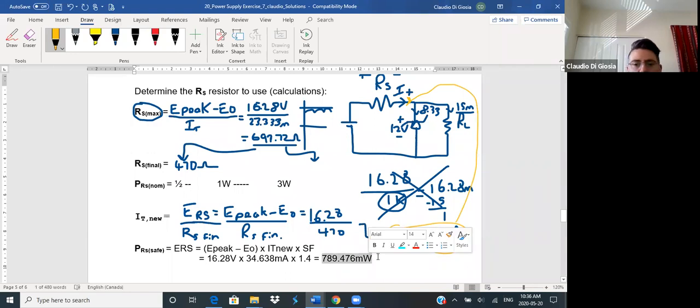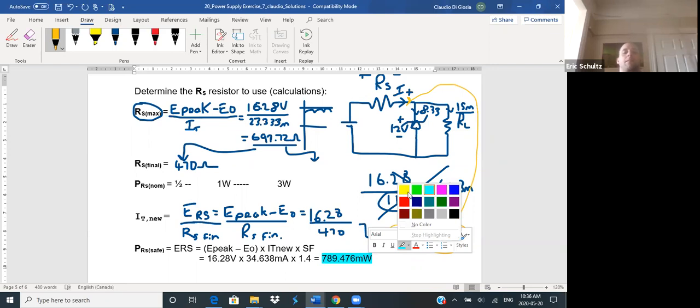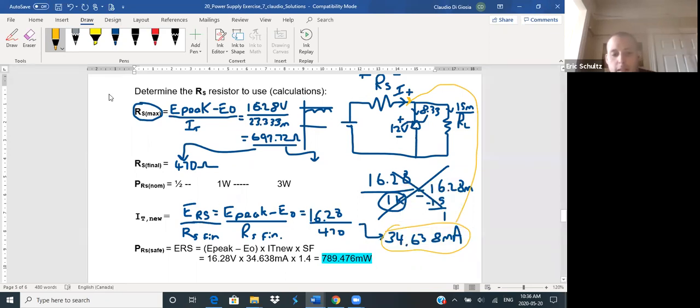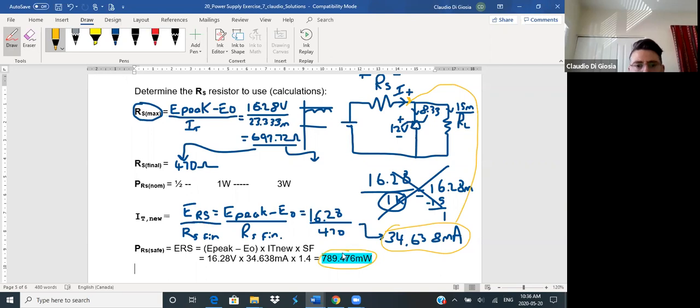So this guy here decides the wattage here. I can't use half a watt because I have 789 milliwatts, which is greater than half a watt.